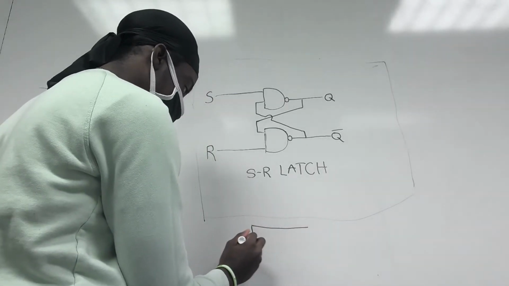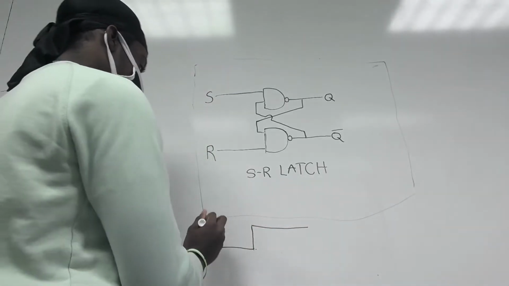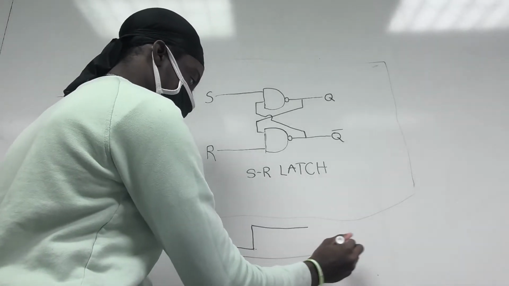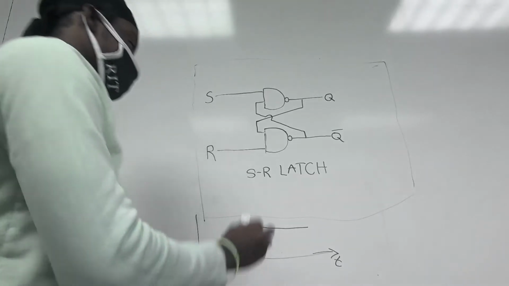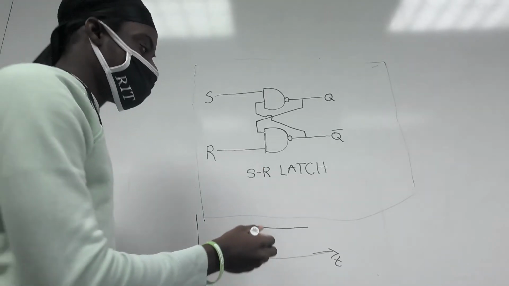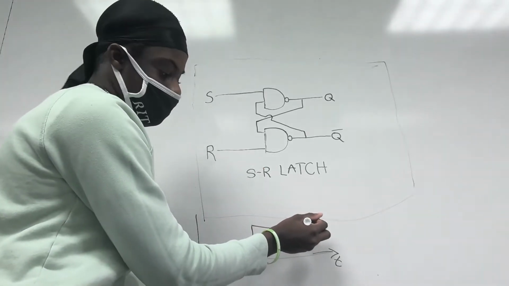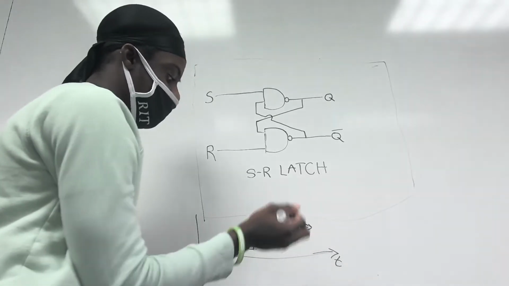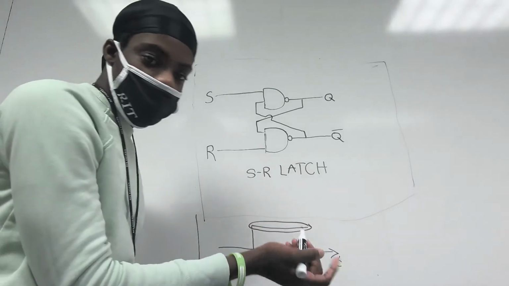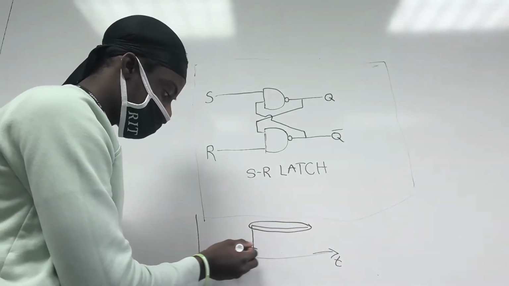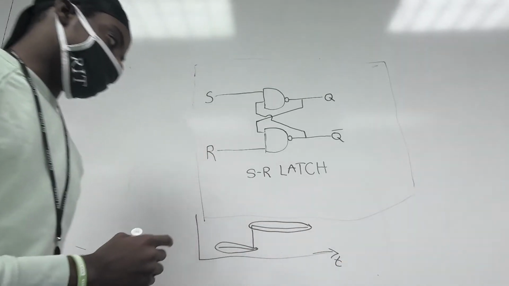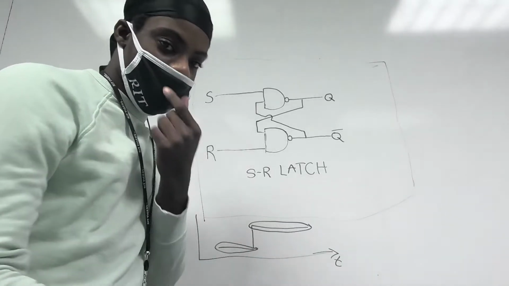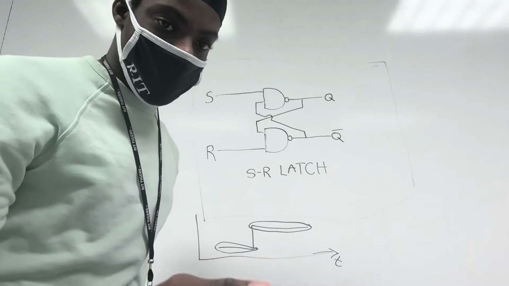When we look at timing in waveforms, if this is part of the timing diagram, where this is the time axis, a latch can change its output whenever either it's high or it's low. So for latches, when the output can change depends on the level.